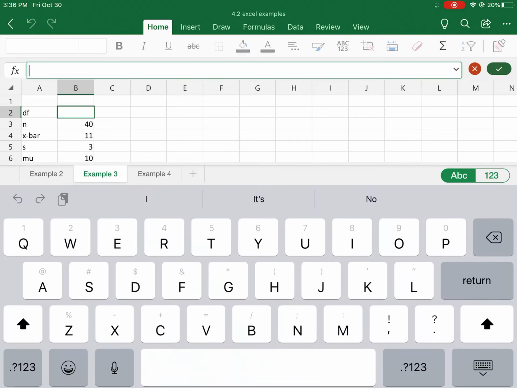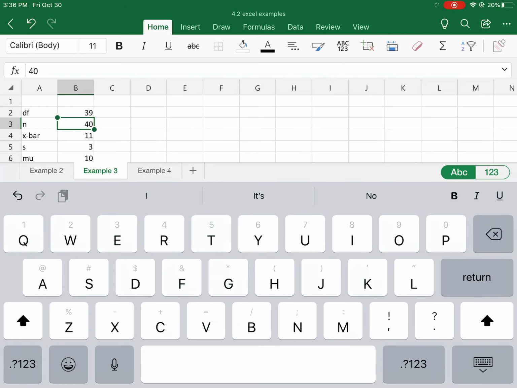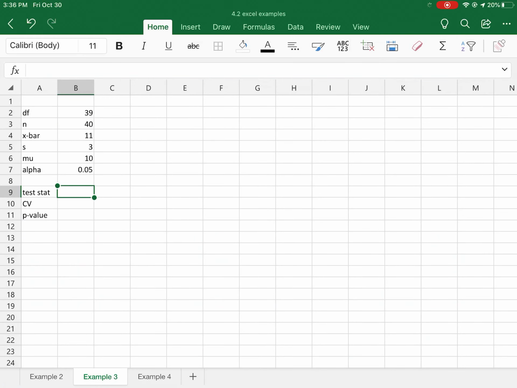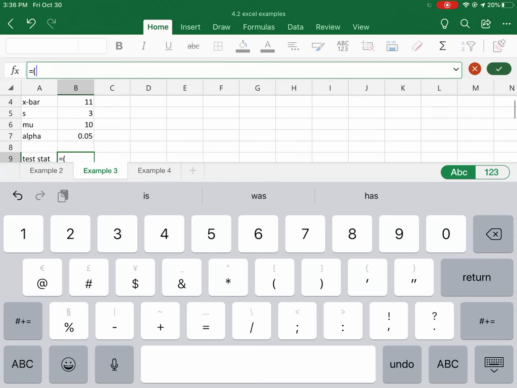I have all this information in here, except for my degrees of freedom, so equals n minus 1. Now I'm going to do my t statistic. Remember, parentheses are key.